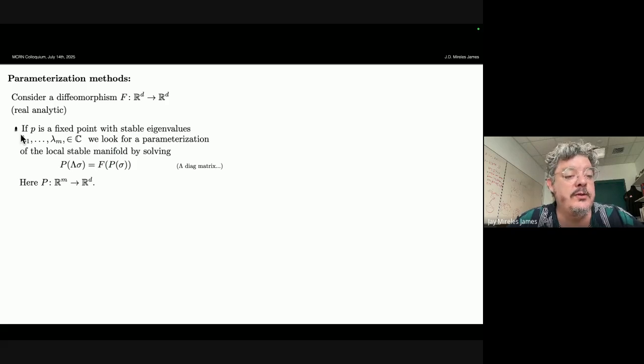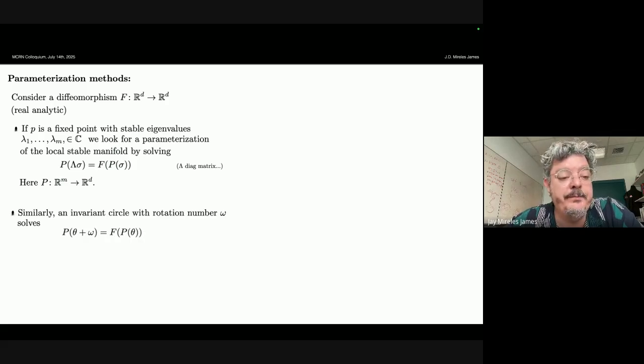So if we had only one stable direction, you might think of this as a curve, but it could be a plane or higher dimensional space, but smaller than the full dimension of the phase space. Another idea could be that we look for an invariant circle for the same diffeomorphism.